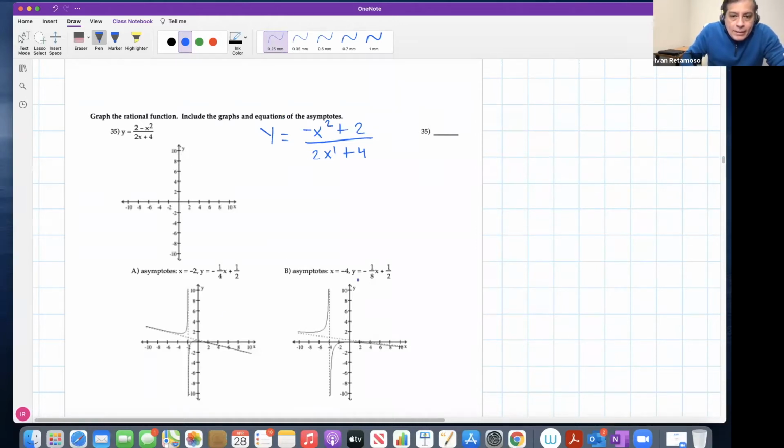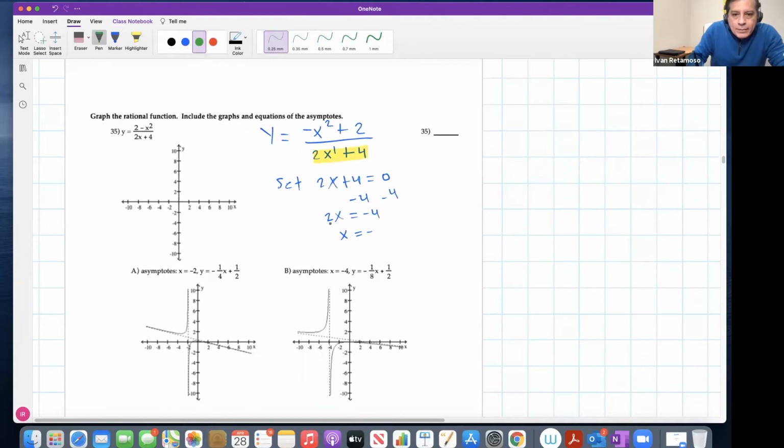And that could help us to graph this, right? And indeed, they want you to find the slant asymptote, right? And all possible asymptotes. So first, to give you some courage, by looking at the denominator, if you set this denominator equal to 0, you can find out that this has a vertical asymptote at x equal minus 2, right?